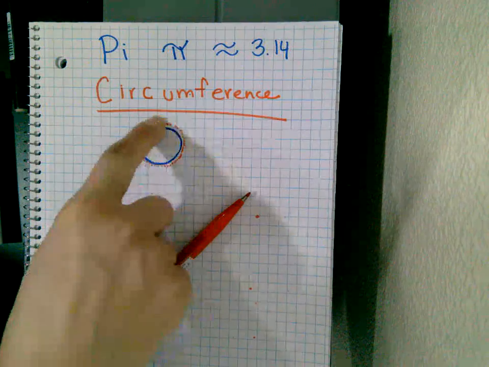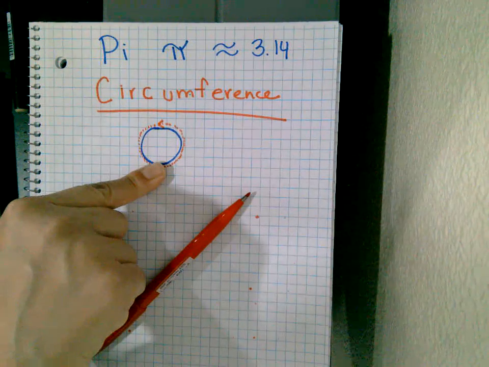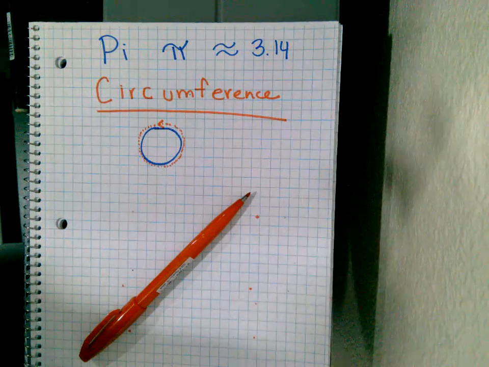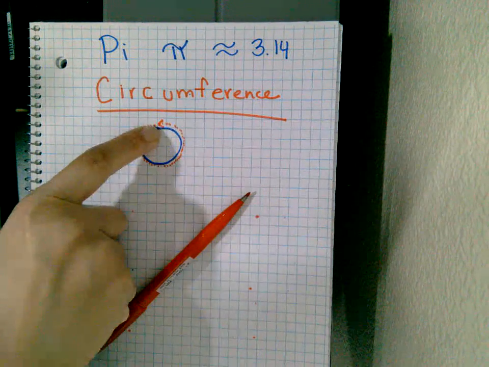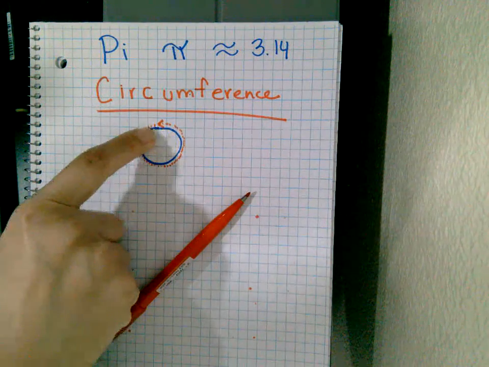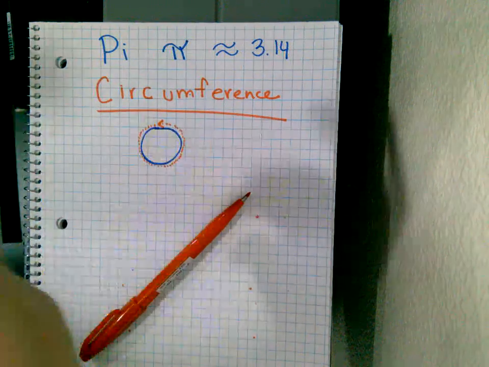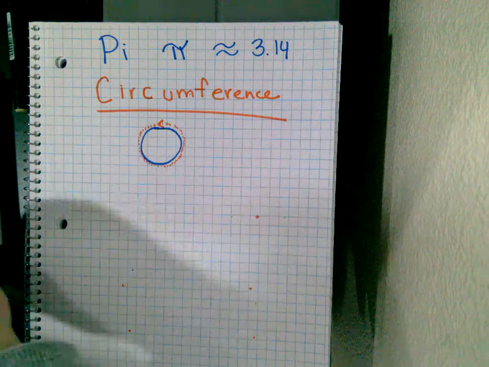What's the distance if we go around the circle? The only reason we call it circumference is because it's a circle. So circumference is when you go around the circle. If I start here and I walk all the way around, how far did I walk? Measurement.